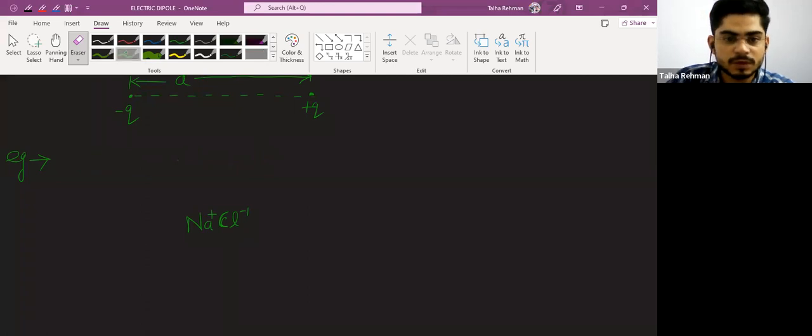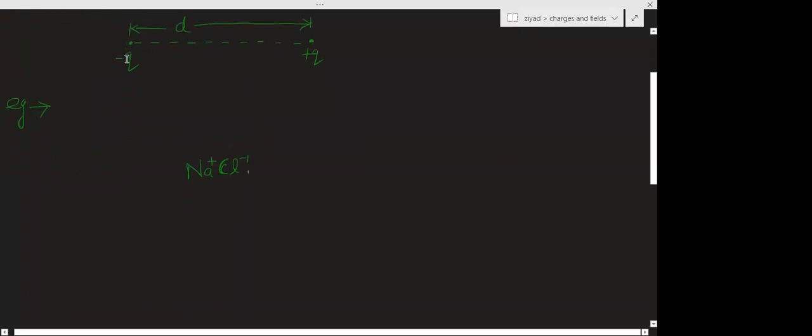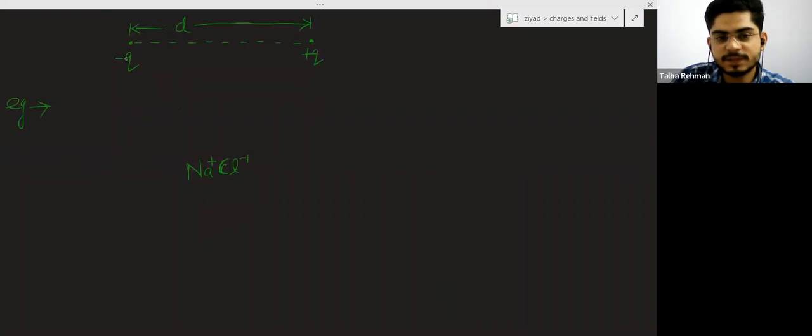So this thing will be like this. Here somewhere will be a sodium ion, and this sodium ion is separated by some very small distance from the chloride ion having negative charge, equal positive charge, equal negative charge. And this separation is approximately in angstrom.